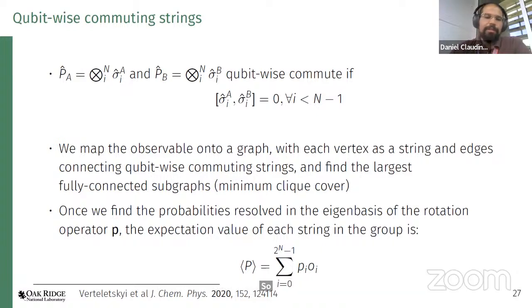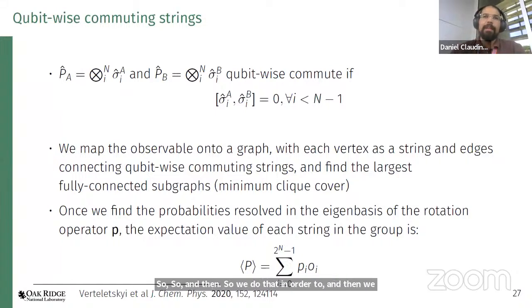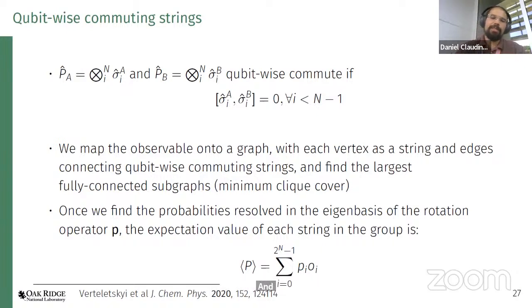So we do that, and then we find a rotation operator that rotates the state. Once you find all the portions of the graph that are fully connected, so that means all these Pauli strings commute, we find a rotation operator that rotates the state onto the basis that is the eigenbasis of that operator.